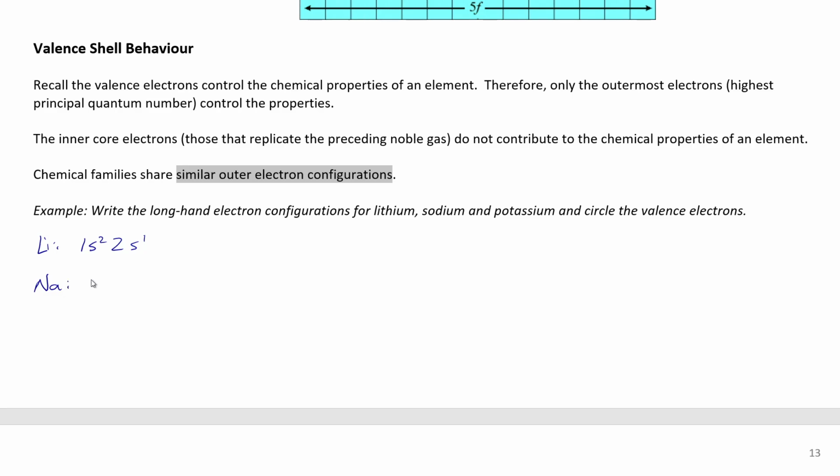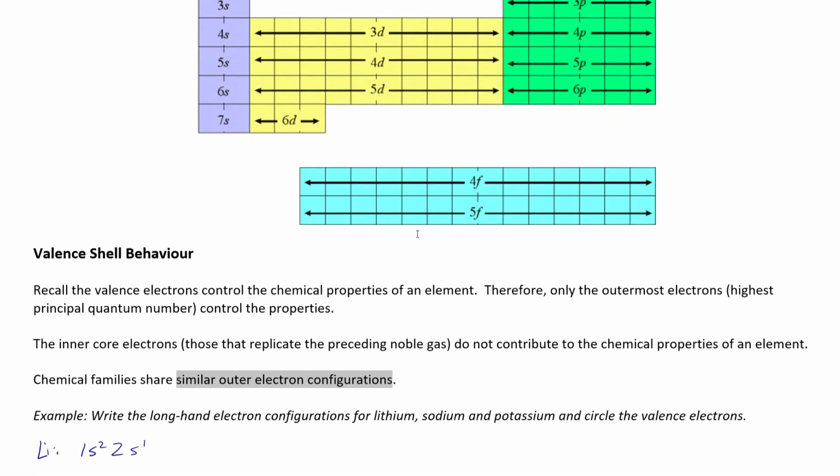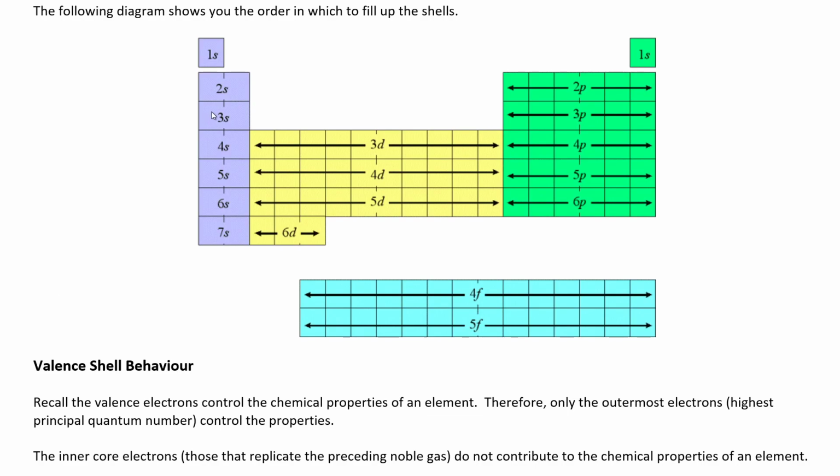These are my alkali metals. Sodium is located right here. So to get to sodium, I go 1s2, 2s2, 2p6, and then 3s1. So just to recap, I need to get to sodium right here.